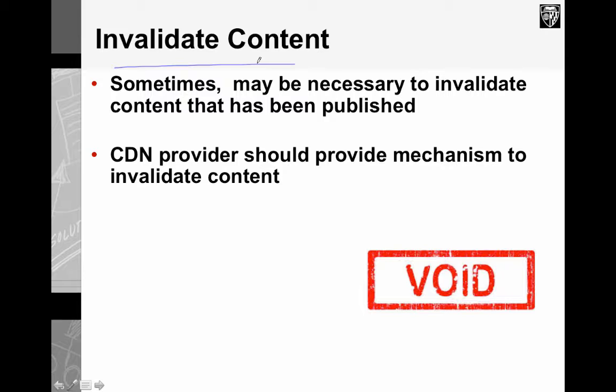In other words, you can say, I don't want this content to be cached anymore. So is there any mechanism for you to go to your CDN distributor and say, could you please invalidate this particular content? In other words, do not serve from cache anymore because I have a newer version of it. So the point is the CDN provider should provide a mechanism to invalidate the content. In other words, to void the content.